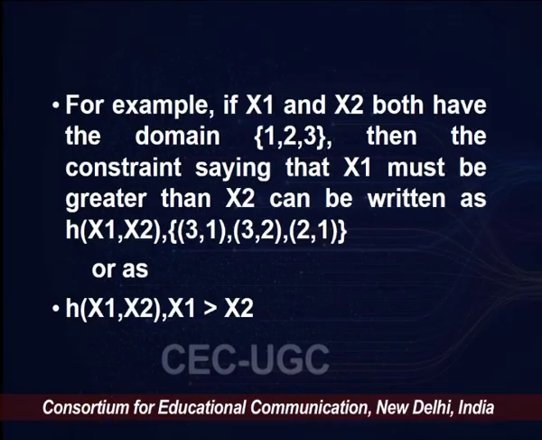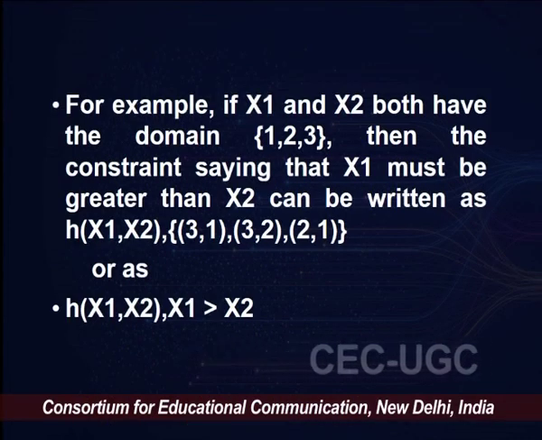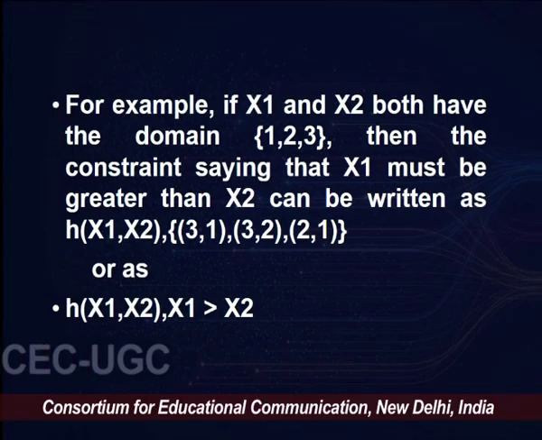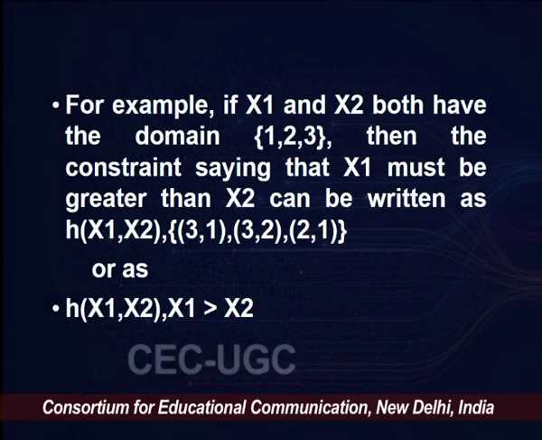Let us try to understand this with the help of an example. We have x1 and x2, and they both have the domain 1, 2 and 3, but the constraint says that x1 must be greater than x2.